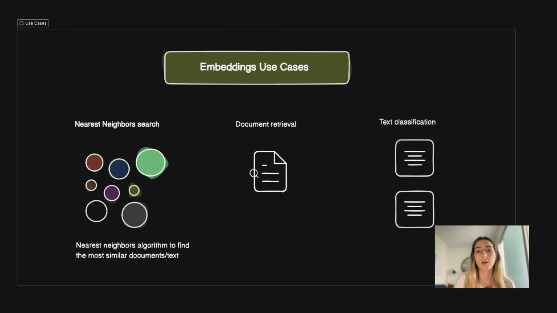Search is one of the use cases that I mentioned for embeddings, and one of the methods of search is nearest neighbor search. It's a way of finding similar documents when you run a query on a vector and you also fetch its nearest neighbors.